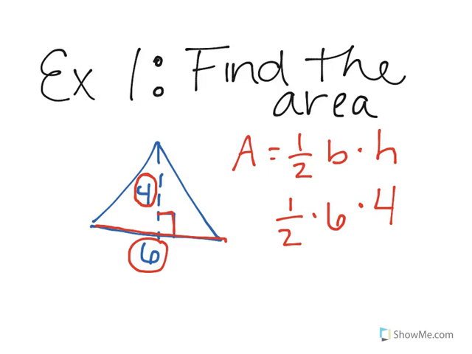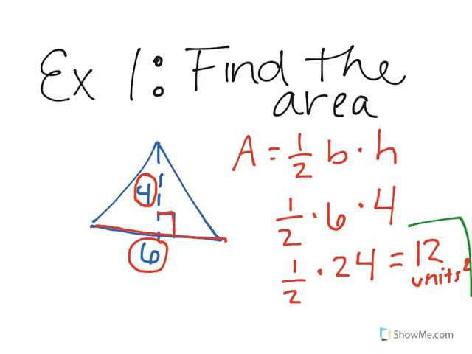So I'm going to take 1/2 times 6 times 4, which is 24, and 1/2 of 24 is 12 units. I'm going to say that's units squared because area is always to the second power. So the area of my triangle right here is 12 units squared. I took 1/2 times my base times my height to find my final answer.